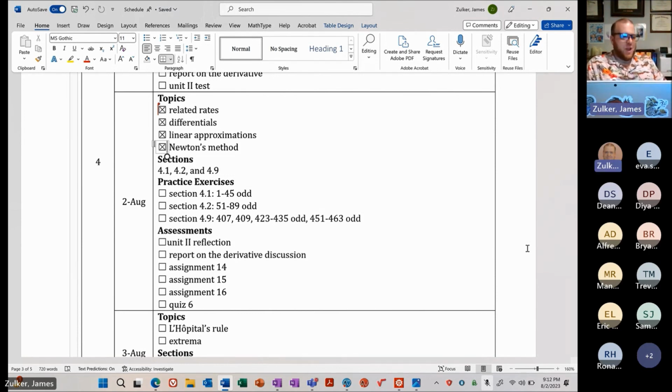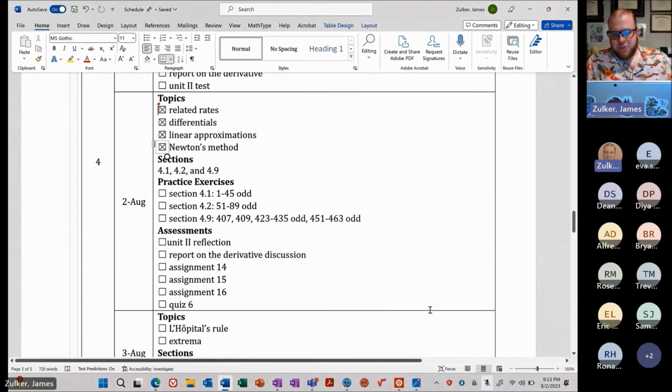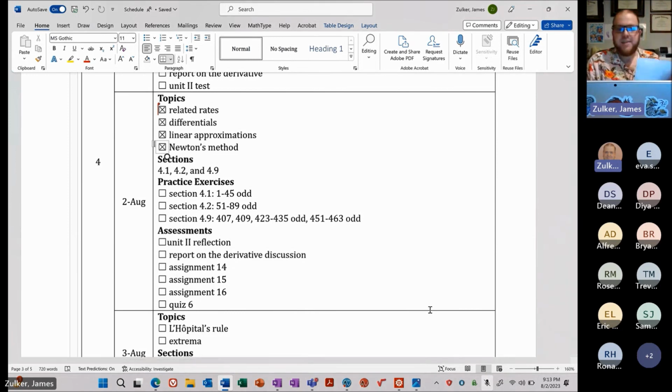But you have 3 assignments on My Up Math. Those won't be due until August 4th. And then you have the 6th quiz, which will be due before class starts tomorrow. If you take a look at what we're doing tomorrow, just 2 things on the docket. So tomorrow might be a fairly short night. We're looking at L'Hopital's rule, which is a great tool for evaluating limits of certain indeterminate forms.